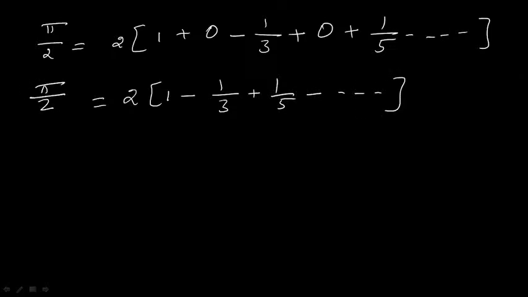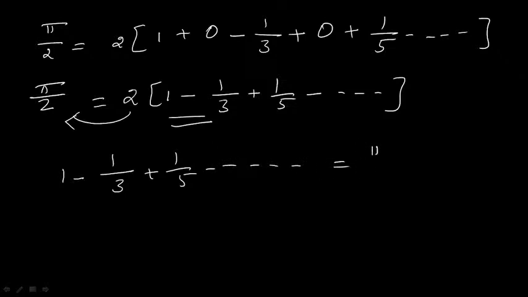What I am going to do here is keep the series on this side, take this term to other side. So I am going to write the series first: 1 minus 1 by 3 plus 1 by 5 minus etc. That is equal to pi by 4. This is the required series.